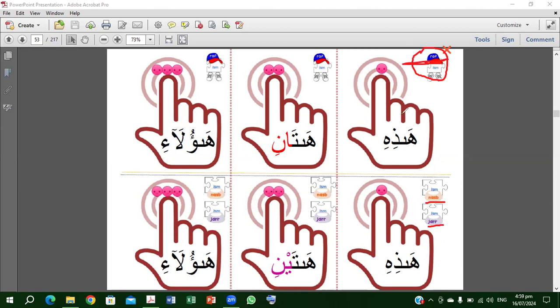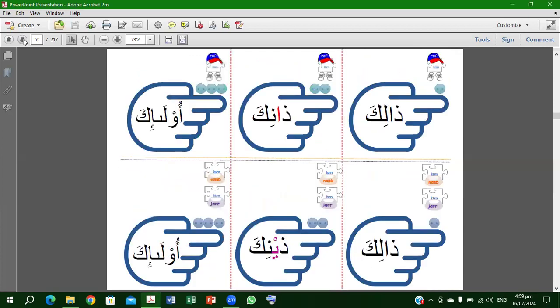You can see that for masculine and feminine, singulars and plurals are the same, but the dual in halat rafa has the hatani sound, and in halat nasab and jar it has the hataini sound. The rest are the same. And you will see in the Quran, mostly singular and plural are used. Duals are very rare.